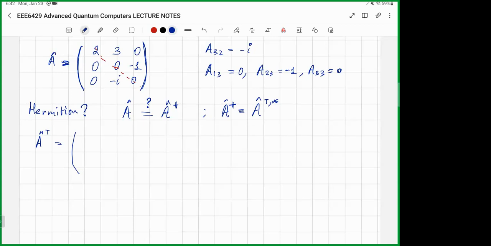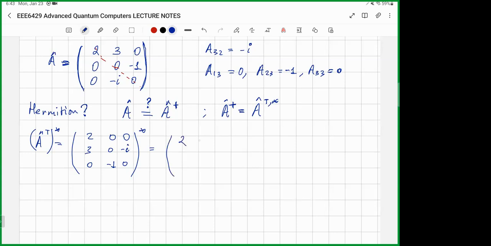So what I get is the matrix, of course, with elements 2, 0, 0, then 3, 0, minus i, 0, minus 1, 0. Right. And now I complex conjugate this matrix, and what I do is just change the sign of this imaginary unit.